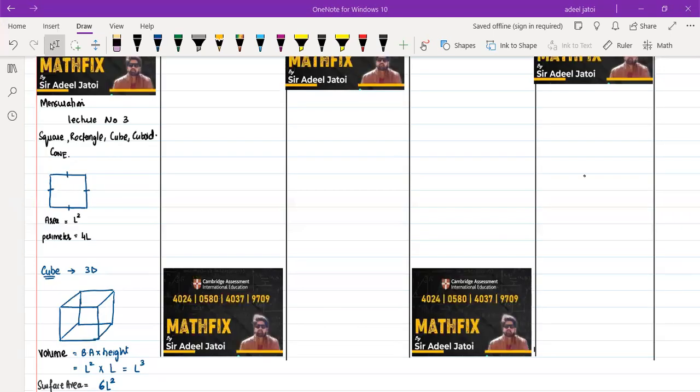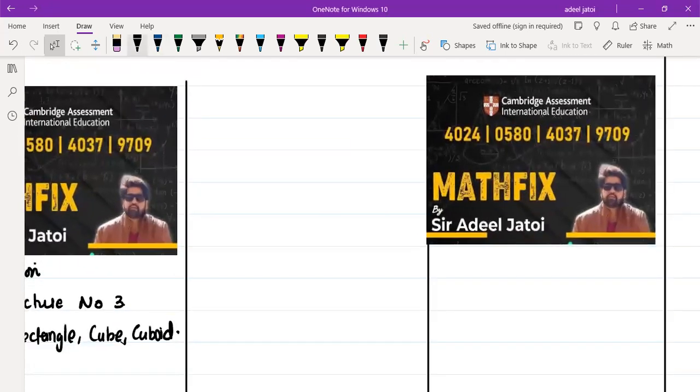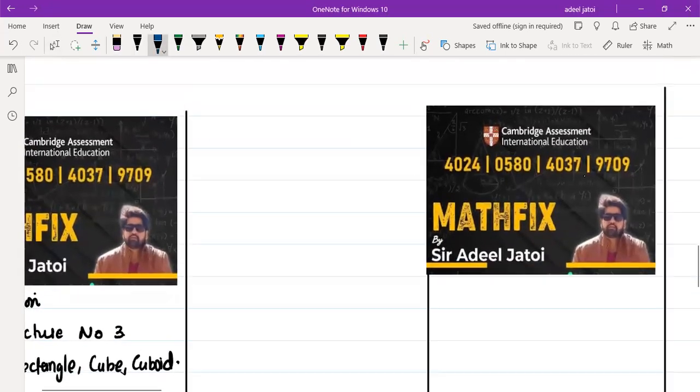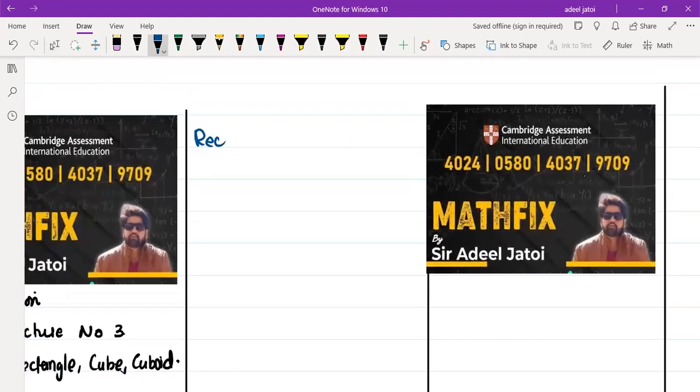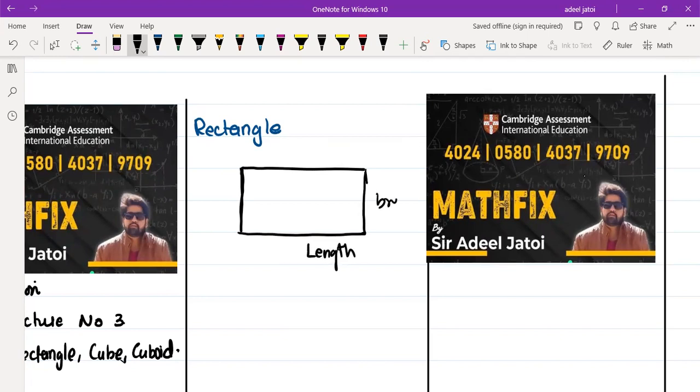Now let's work upon the rectangle. Rectangle is a 2D figure which has a length and breadth.